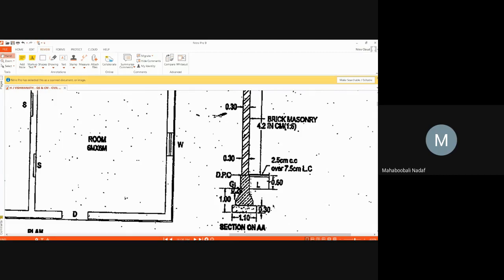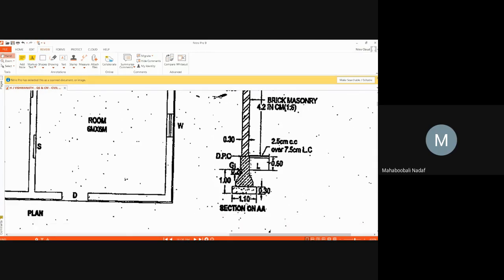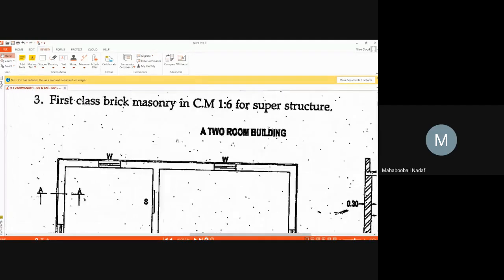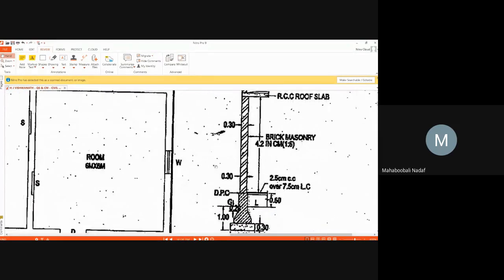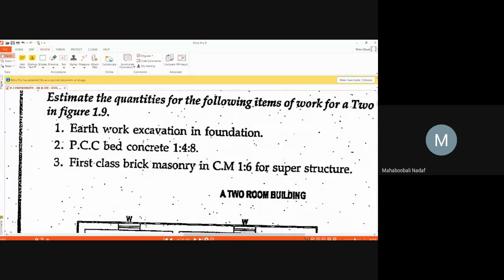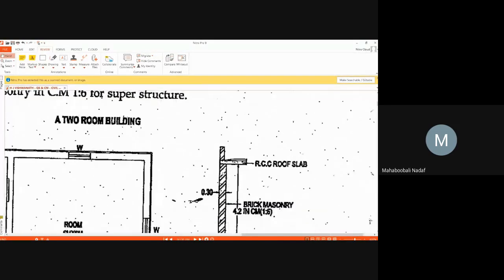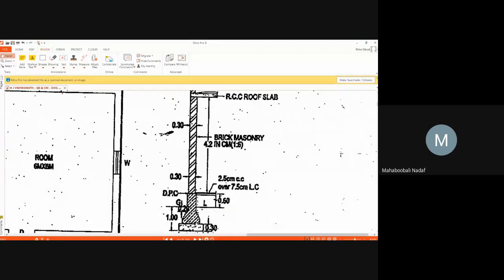We will see it in the example only. In the problem, they have not asked us to calculate size stone masonry, that is why the dimensions have not been mentioned here. Only earthwork, PCC bed, brick masonry, only 3 items they have given. Don't worry about that one.